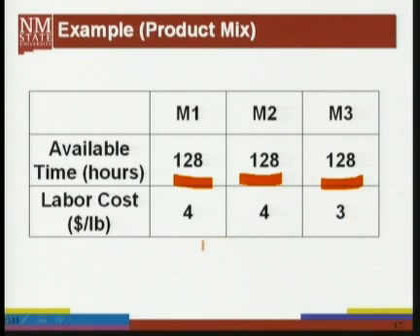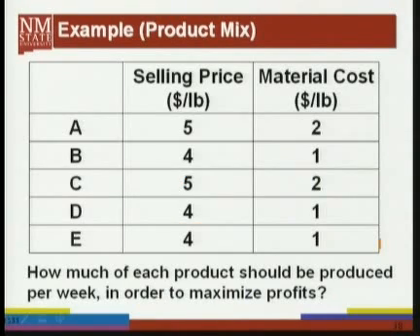And the variable labor costs are $4 per hour for machines 1 and 2, and $3 per hour for machine number 3. And any amounts which are produced may be sold at prices of $5, $4, $5, $4, and $4 per pound for each product, respectively.